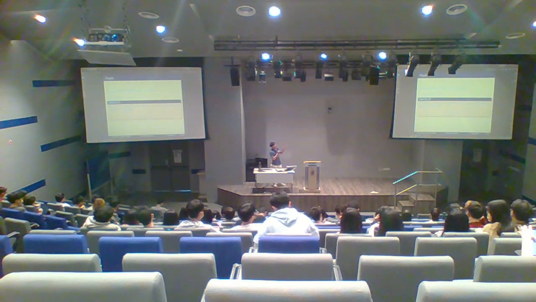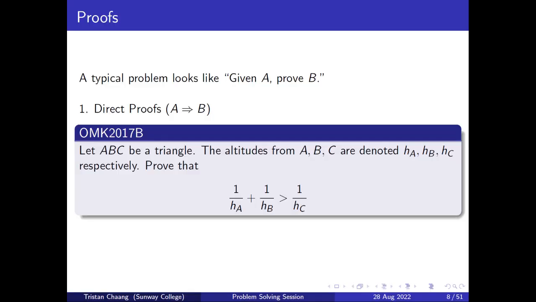So what does this look like? Something about A plus something about B is more than something about C. Does it look like some kind of inequality that you have encountered before? Like the triangle inequality: A plus B is more than C, right?